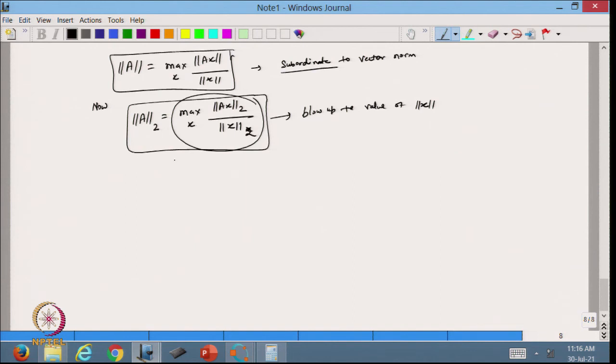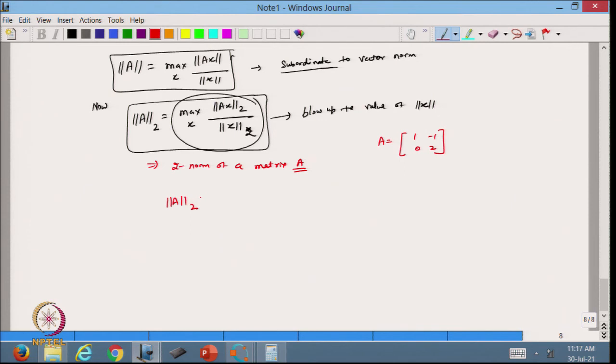Let us define what is going to be the 2 norm here. This is called the 2 norm of a matrix A. Let us do an example. Suppose I take a matrix A, I just take [1 -1; 0 2], and I want to find its 2 norm.